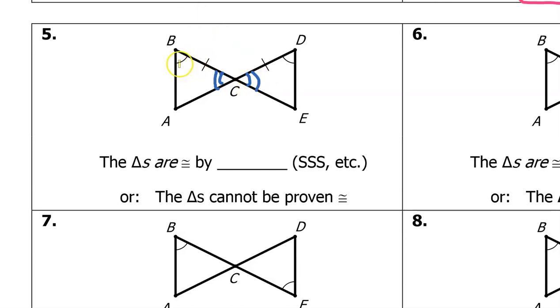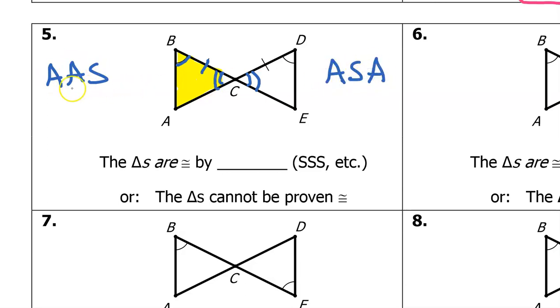Now focus on one triangle at a time. So focus on this yellow triangle, for example. What do we have? I see that we have two angles and a side marked congruent. So this will either be angle, angle, side, or it will be angle, side, angle.